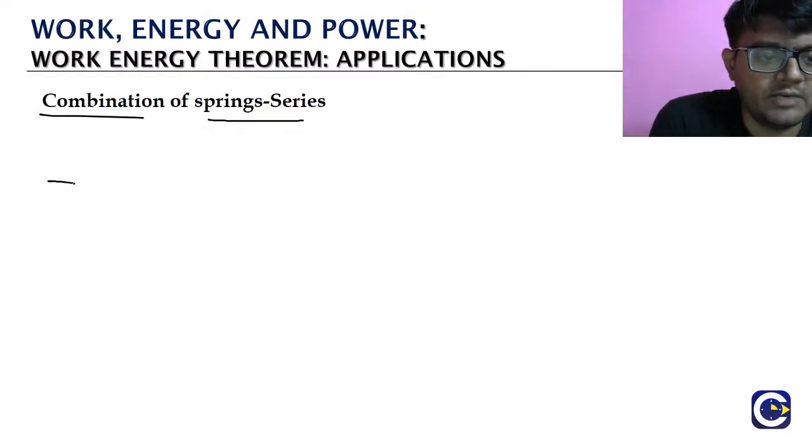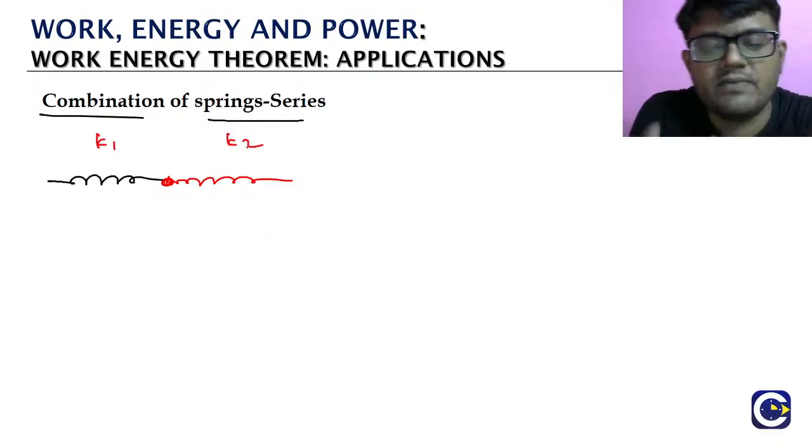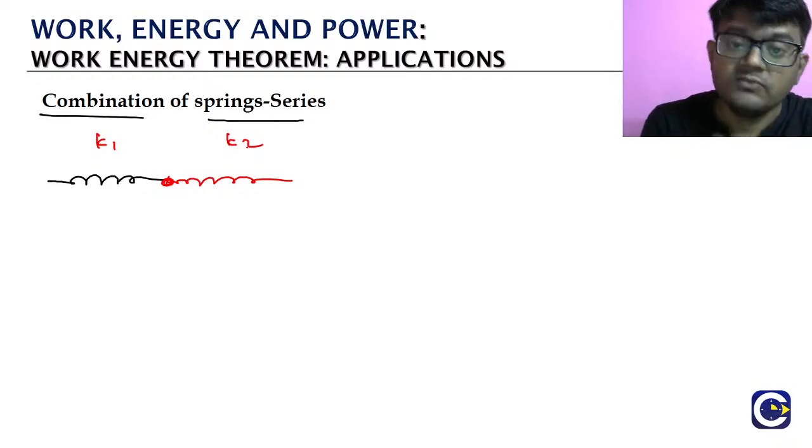What do we mean by series combination? If you have one spring and the other spring is connected to it, there will be a common point. Here we are connecting two springs, let us say with constants k1 and k2. We can have three springs also.